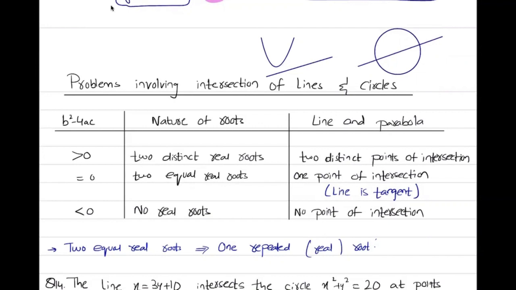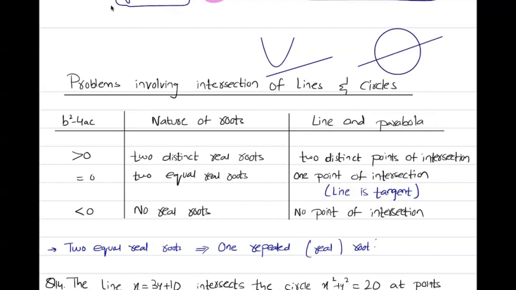Because if you know that the line and the circle are going to intersect at two different points, then when you solve the equation of a line and the equation of a circle, the resulting equation is going to have real and distinct roots. So the discriminant is going to be greater than 0. Okay, the roots are going to be real and distinct, which means that the circle and the line are going to intersect at two different points.